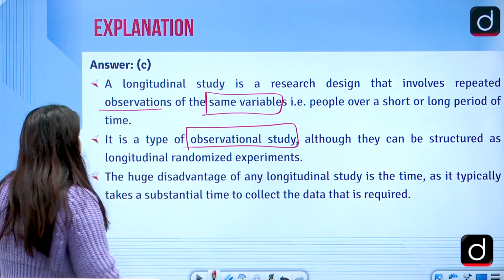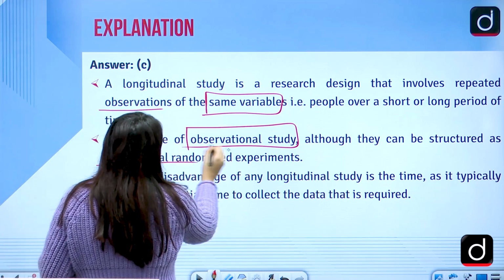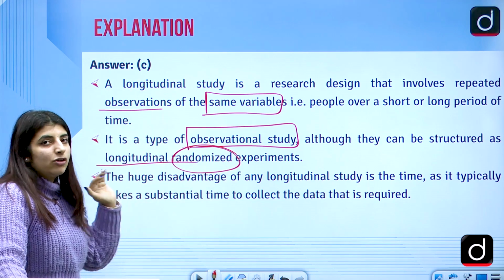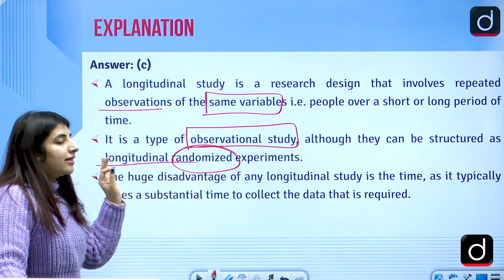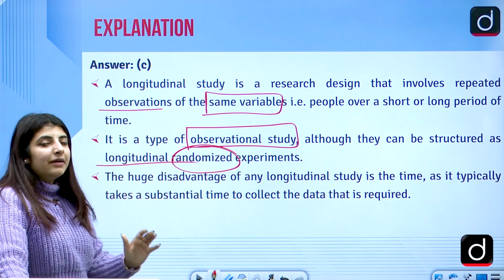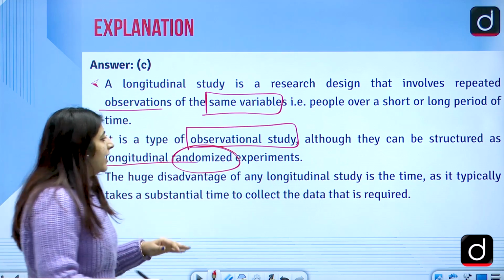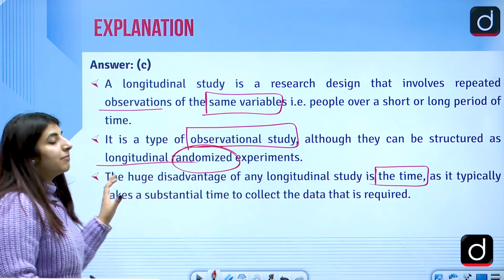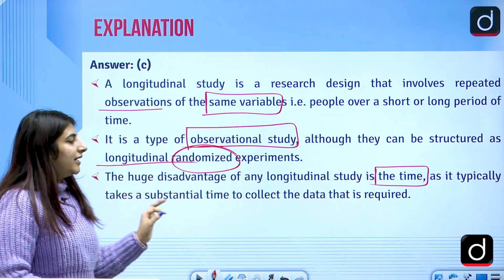Although they can be structured as longitudinal randomized experiments. The huge disadvantage of this longitudinal study method is that sometimes you might be short of time, right? As it typically takes a substantial time to collect the data that is required.